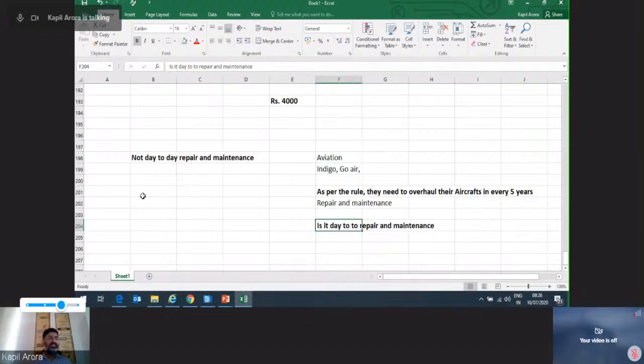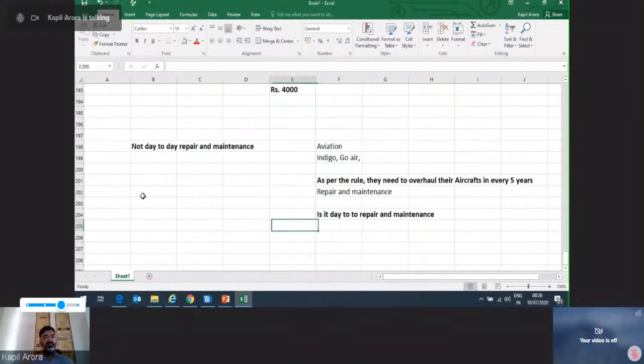We are not doing this as a day-to-day repair or maintenance. These would be maintenance which has a life of, I am not incurring that amount on an annual basis. These are required after every 5 years. When these are required after every 5 years, what to do?